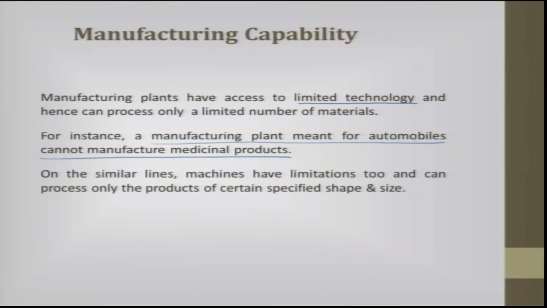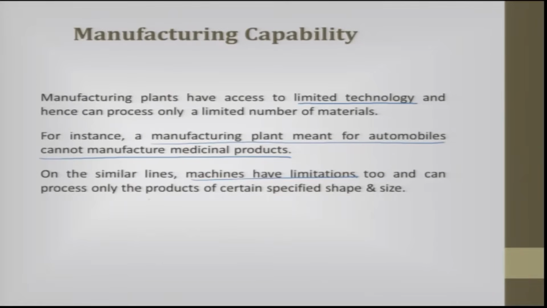A company which makes automobiles cannot make pharmaceuticals, and a company which makes pharmaceuticals cannot make automobiles. On similar lines, machines have a limitation too. Suppose I have an injection molding machine and a die. For every shot, I get a single piece out. If I want lots of output, I will make a die wherein in every shot I get 6 or 7 parts.